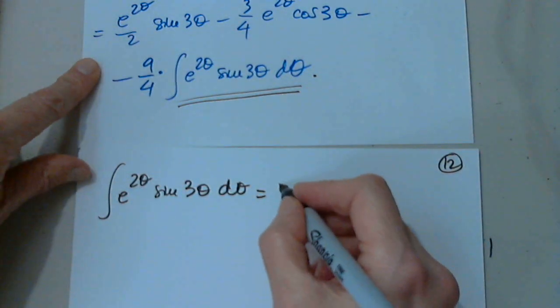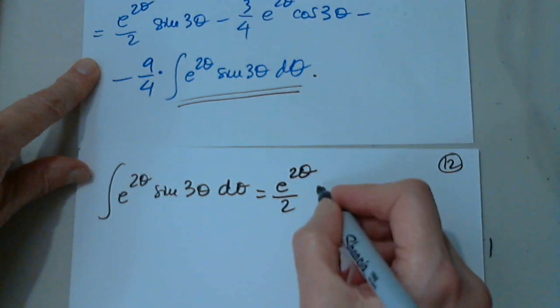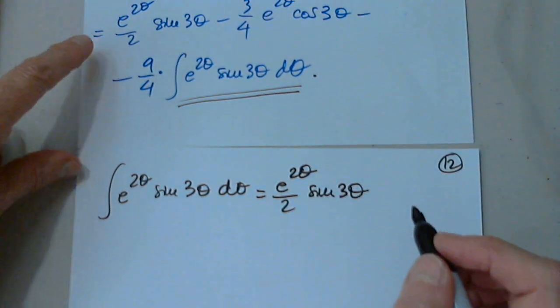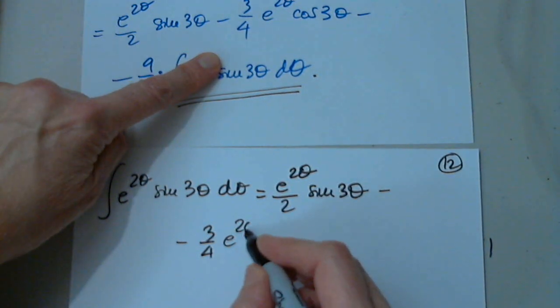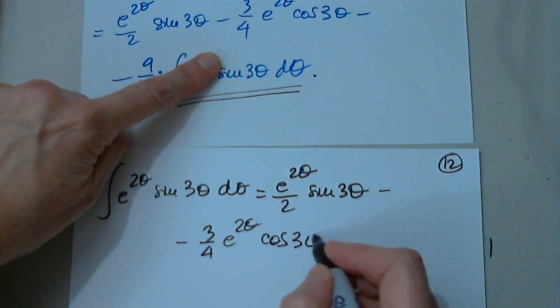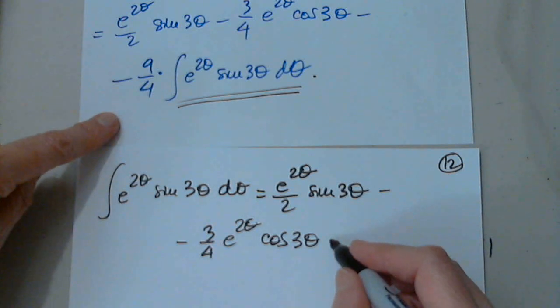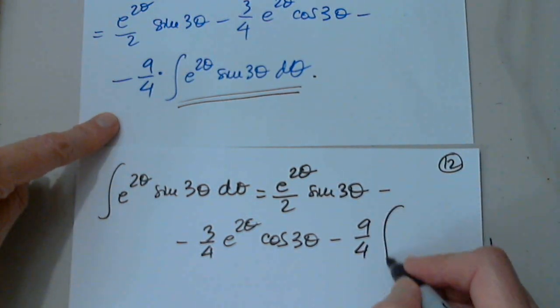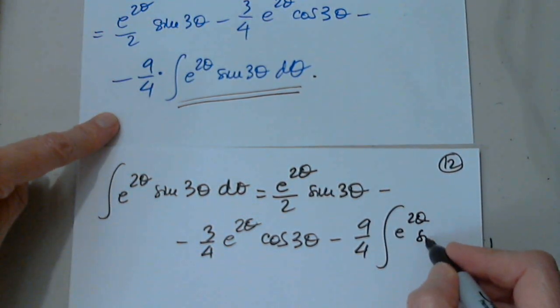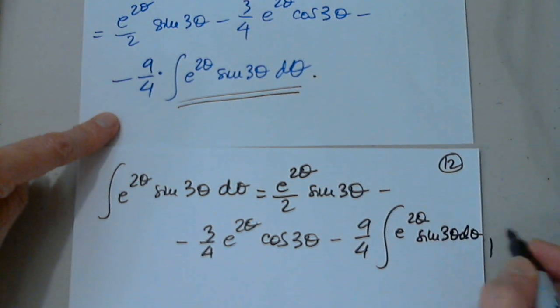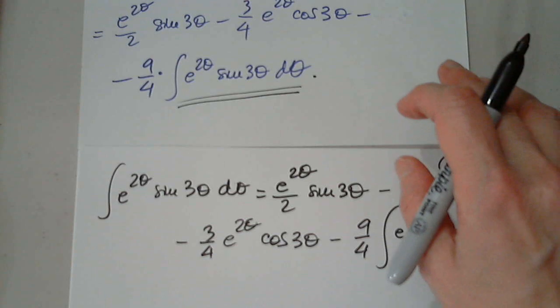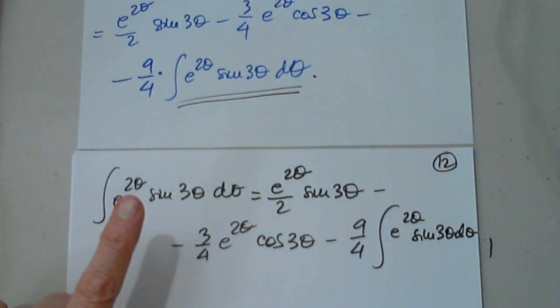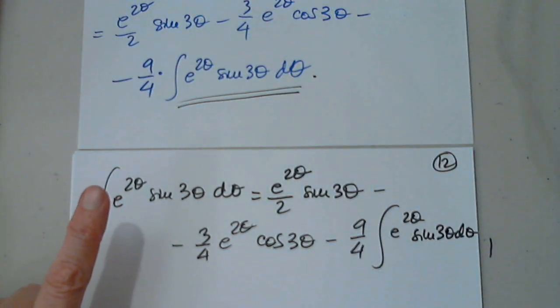I got e to the 2 theta over 2 sine 3 theta. I got minus 3/4 e to the 2 theta cosine 3 theta. And I got minus 9/4 the integral of e to the 2 theta sine 3 theta d theta. Fine. Okay. I'm going to stop here and start another video because I exceeded 20 minutes.